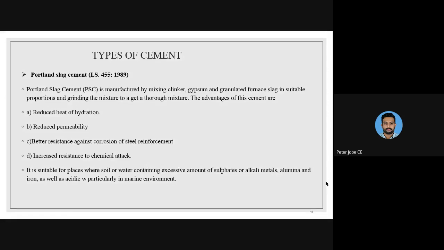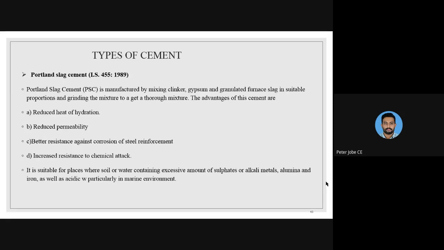And the advantages of this cement are reduced heat of hydration, reduced permeability, better resistance against corrosion of steel reinforcement, and increased resistance to chemical attack. So it is suitable for places where soil or water contains excessive amounts of sulfates, alkali metals, alumina and iron, as well as acidic conditions, particularly in marine environments.